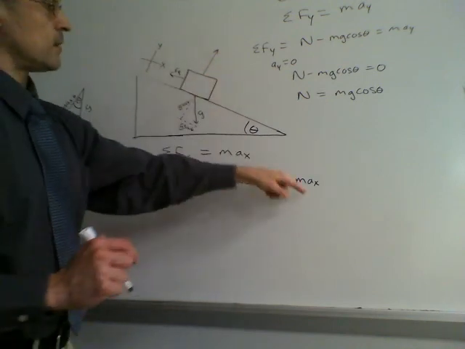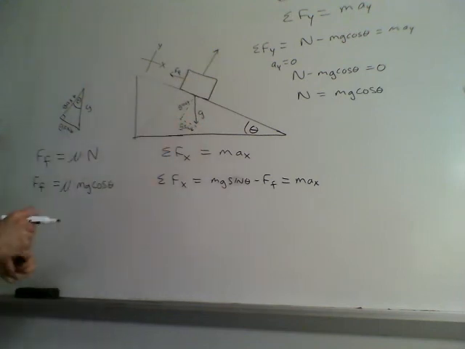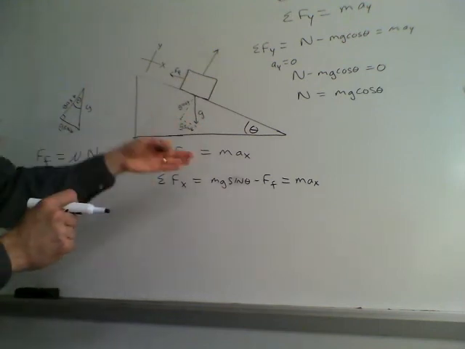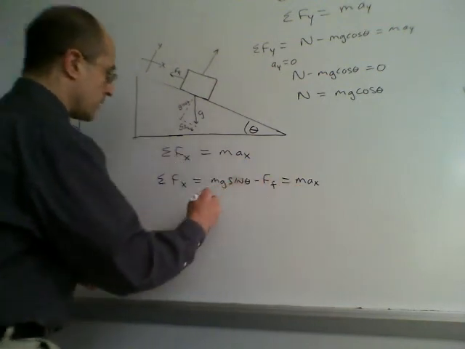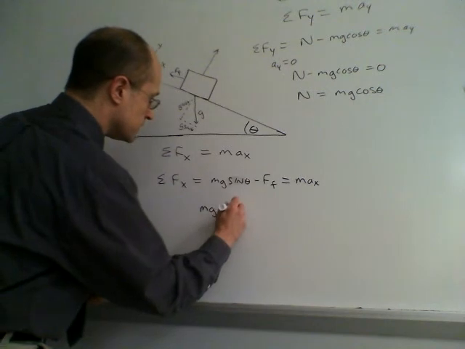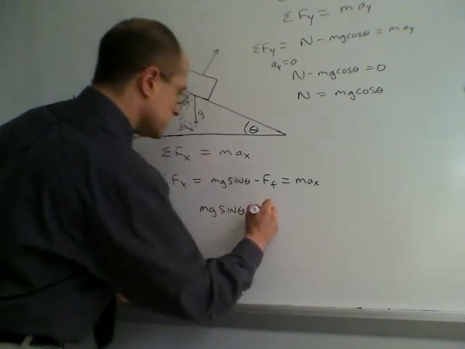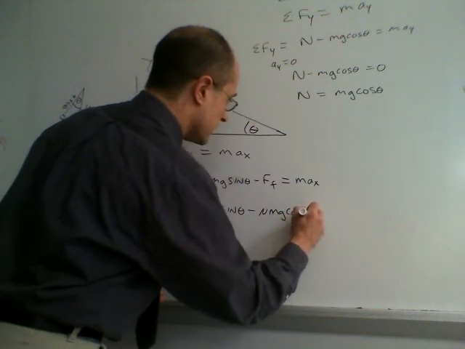The acceleration will occur, the velocity will change, and the block will start to move down the plane, gaining speed as it goes. So let's take a look at our acceleration here. This is mg sine theta minus mu mg cosine theta.